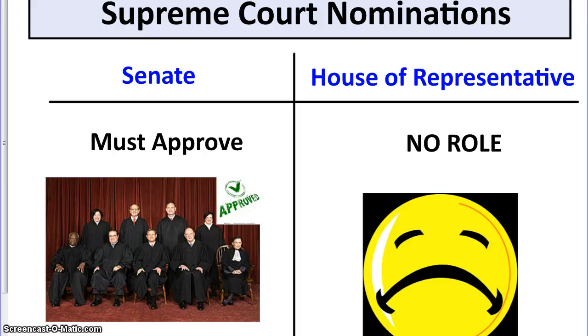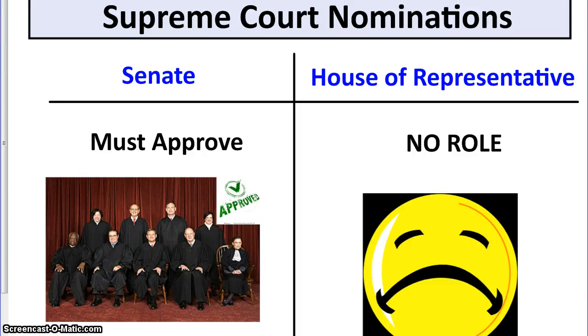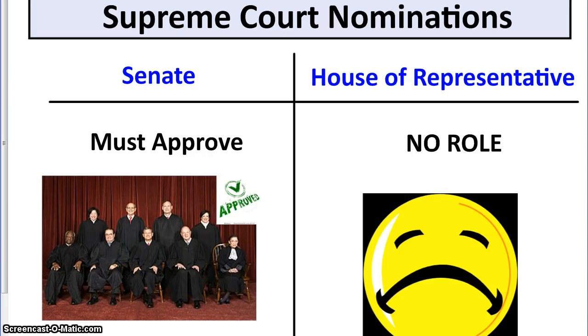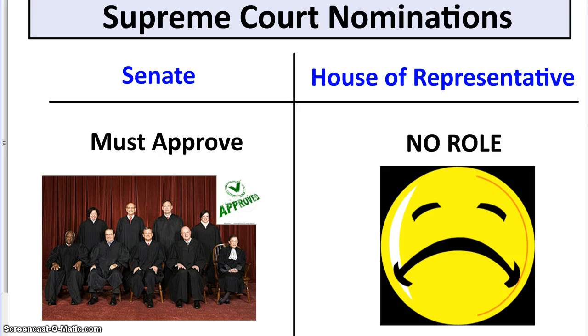An additional role that the members of Congress have is left up just to the Senate, and this is approving Supreme Court justice nominations. The Senate must approve Supreme Court justice nominations and any other position that the president wants to appoint somebody to, while the House of Representatives doesn't get any role in that process.